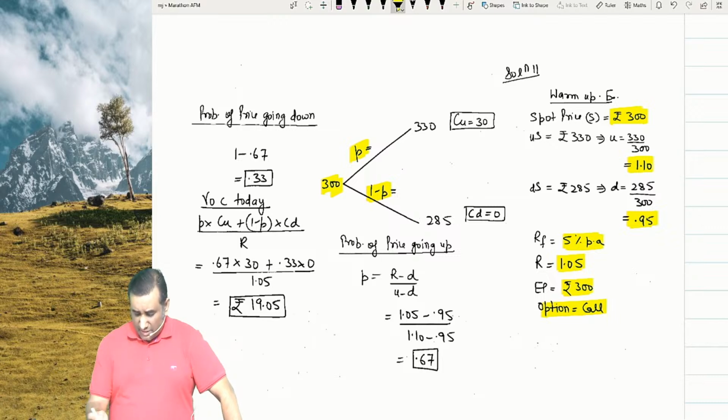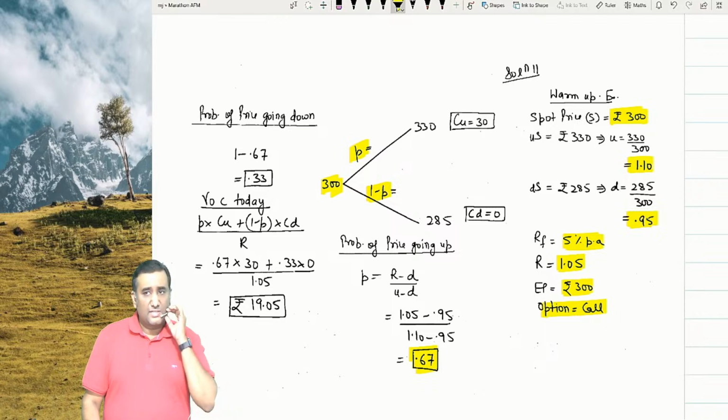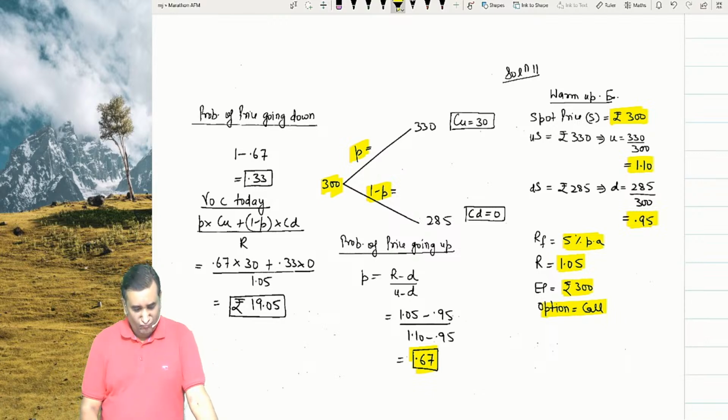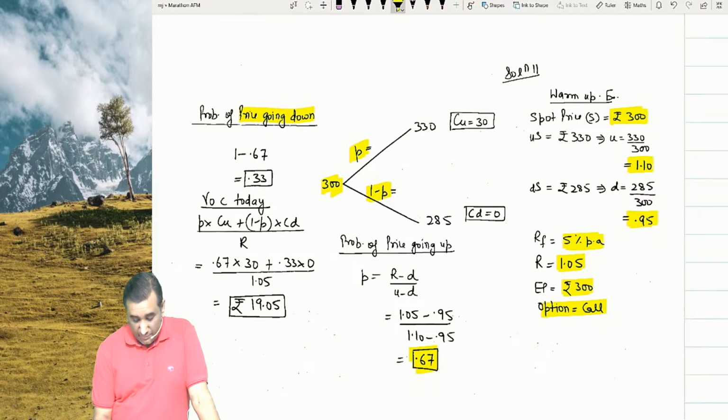So just calculate, I think it should come 0.67. It's just for practice. The probability of the price going down would be 1 minus 0.67, which is equal to 0.33.